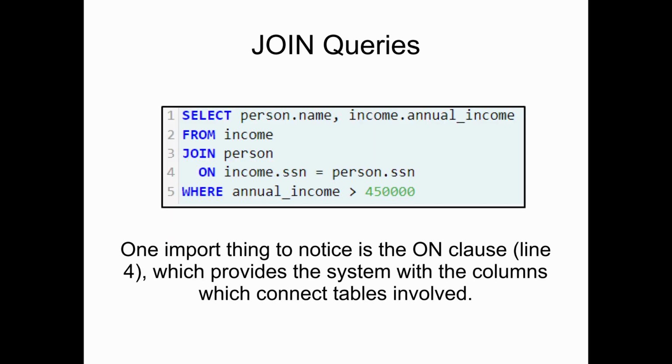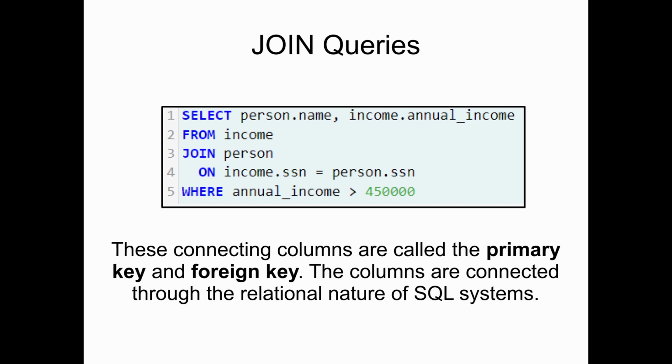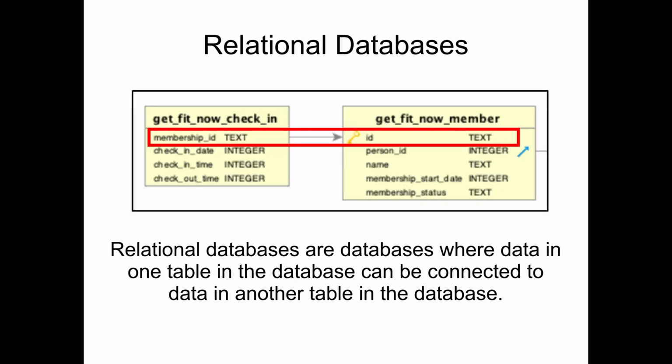One important thing to notice is the ON clause, which provides the system with the columns which connect the tables involved. These connecting columns are called the primary key and foreign key. The columns are connected through the relational nature of SQL systems. Relational databases are databases where data in one table in the database can be connected to data in another table in the database.